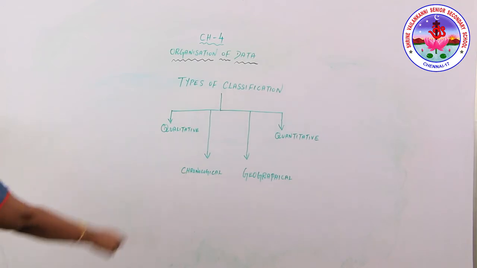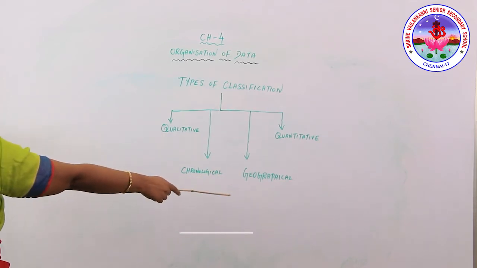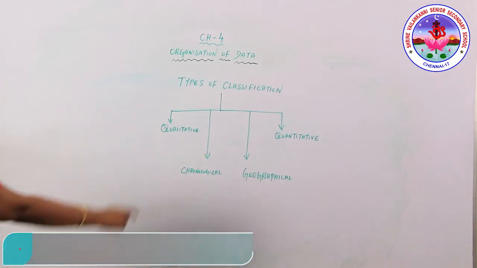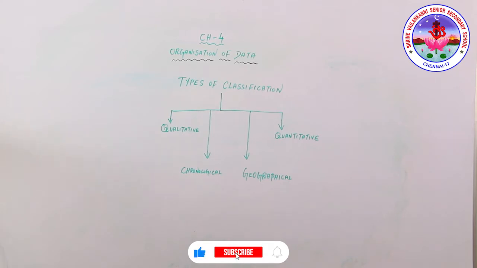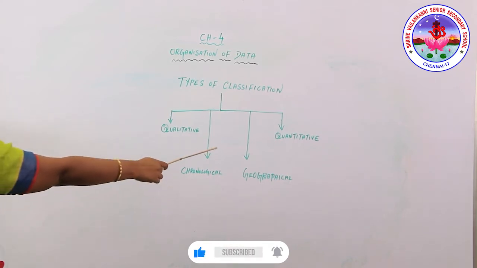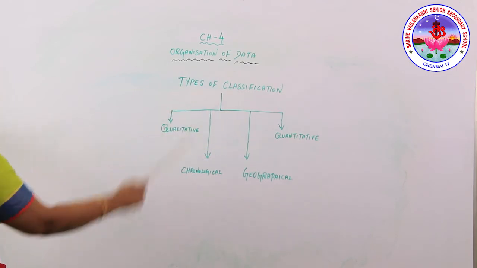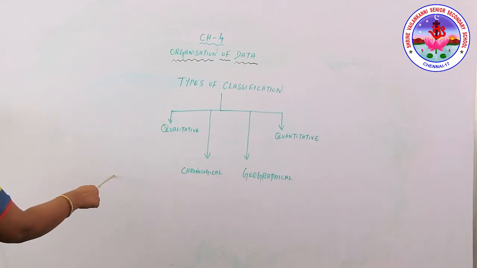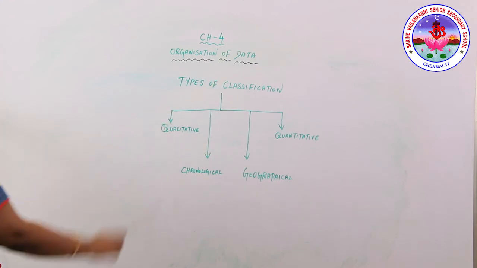In geographical classification, the data is classified according to geographical location or region. And quantitative classification is when the data is classified on the basis of characteristics which can be measured. So these are the four types: qualitative, chronological, geographical and quantitative.